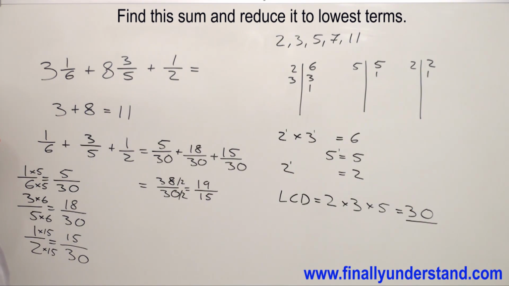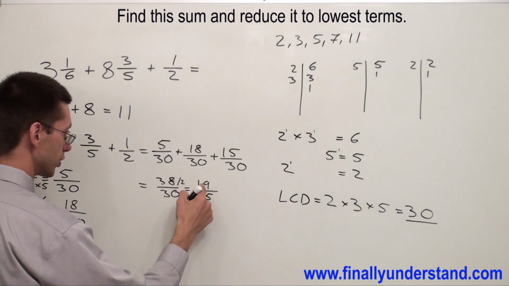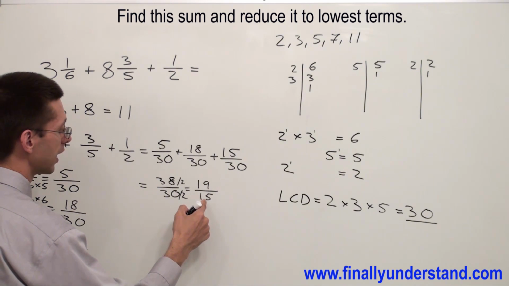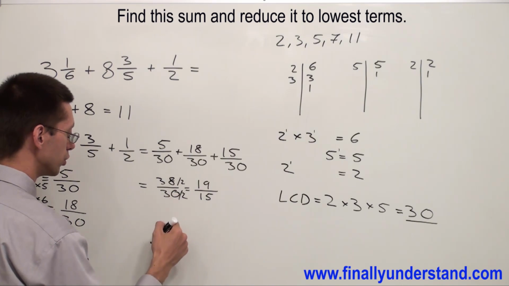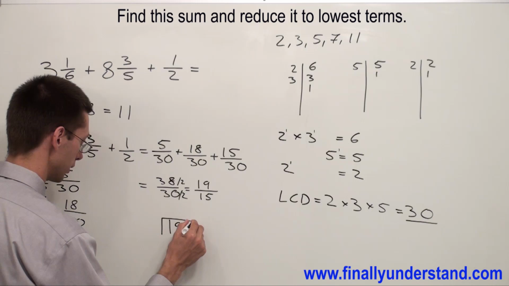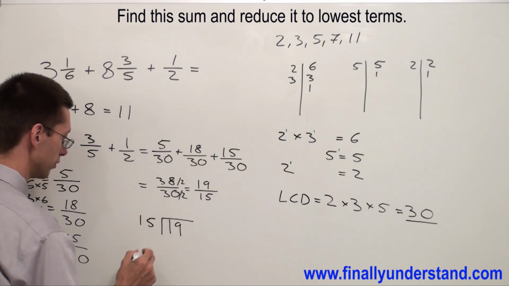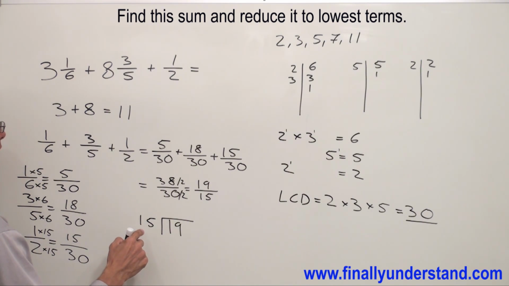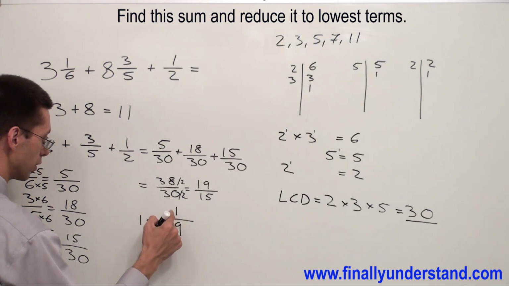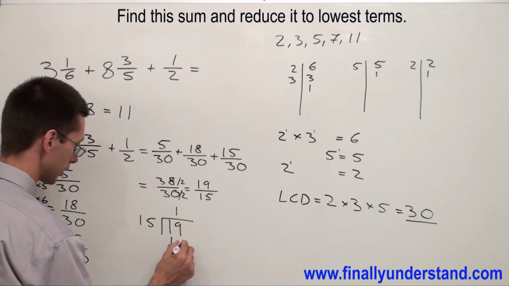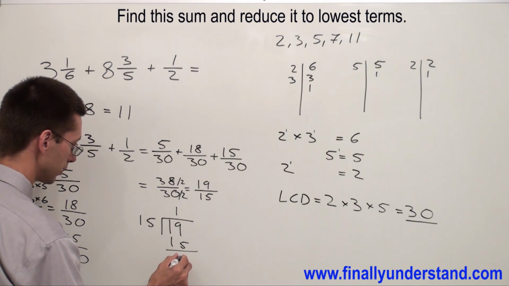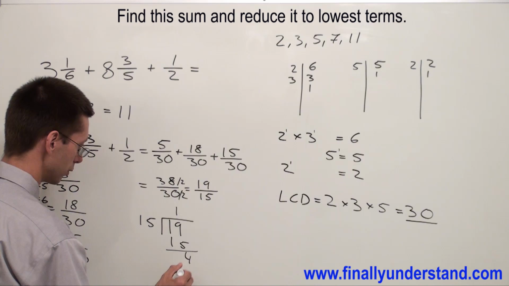Okay, now this is still an improper fraction, so I have to check how many times 15 goes into 19. So I have 19 and I have 15 over here. So 15 goes into 19 once. 1 times 15 gives me 15. 19 minus 15 is equal 4.